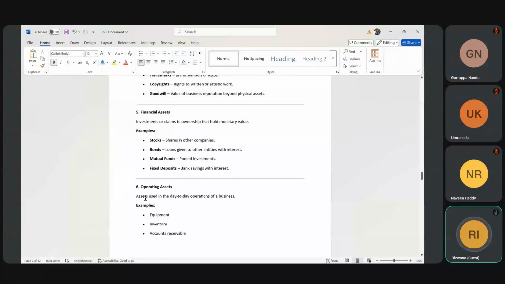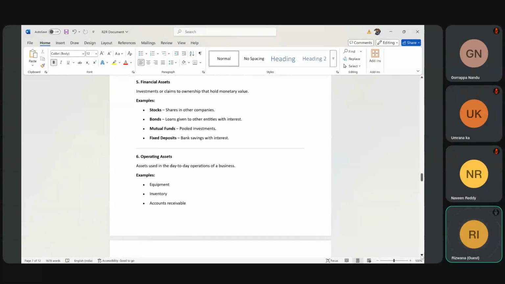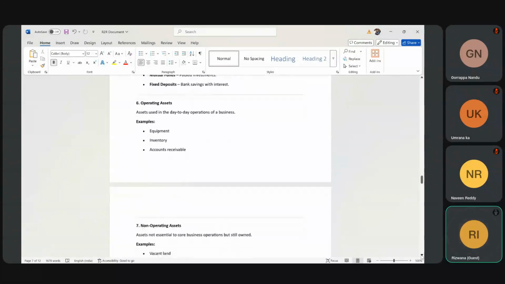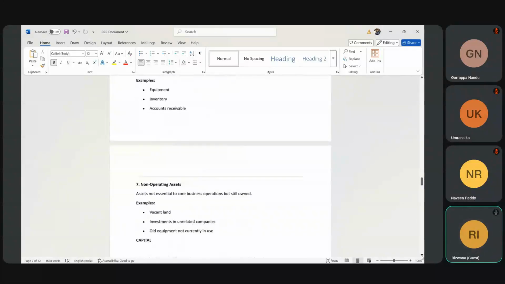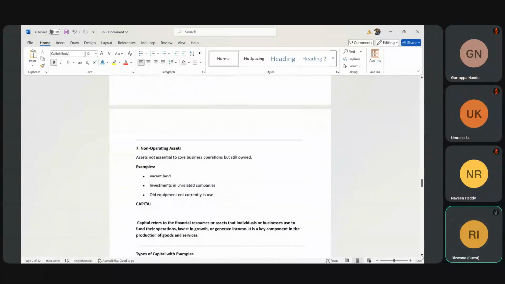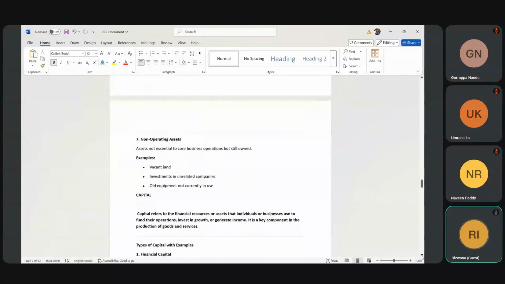So this is operating assets. Operating assets are what we use in day-to-day business activities. For example, equipment, inventory, accounts receivable. Everything used in day-to-day operations to run a business is operating assets. And non-operating assets means assets which are not essential to core business operations but still owned.